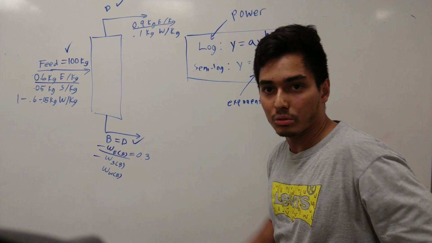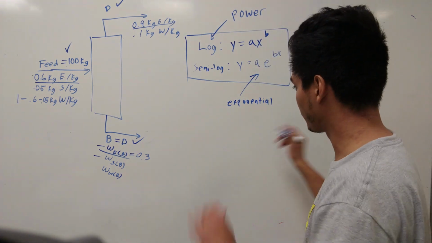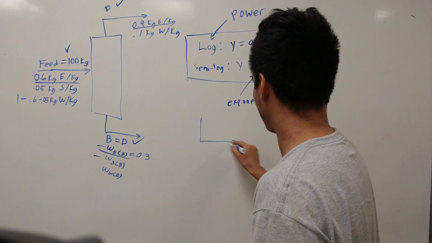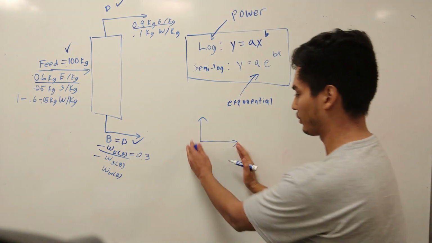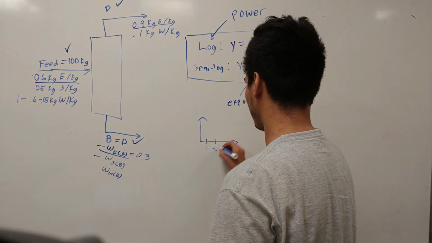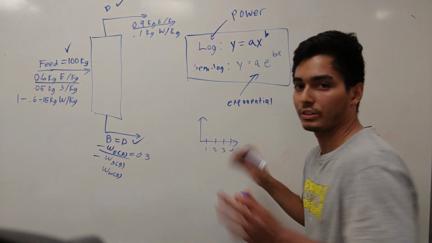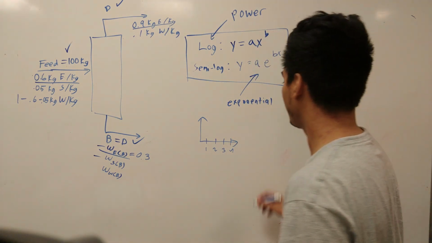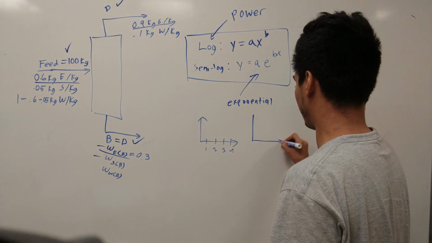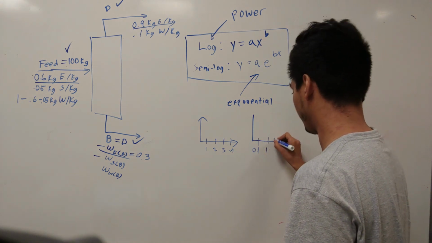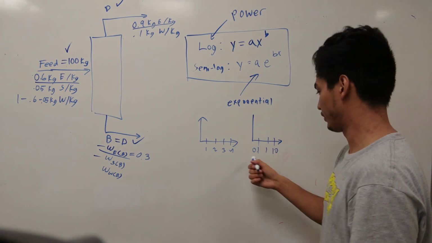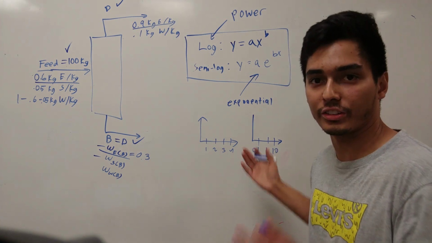So, quick recap of just a Cartesian plane, right? If it's just linear, this is going to be linear, okay? So this is just going to go generally 1, 2, 3, 4, etc. On a log scale, this is going to be 0.1 to 1, right? You're going to keep multiplying by 10. 0.1, 1, 10, 100, etc.